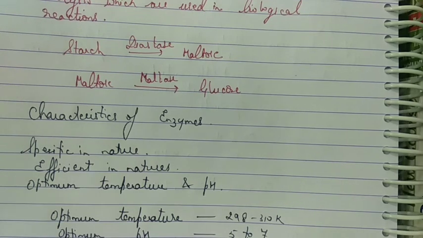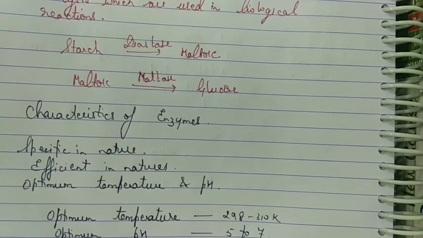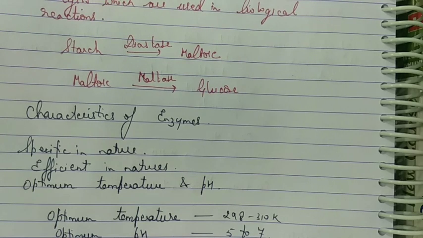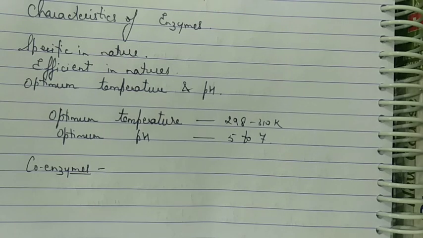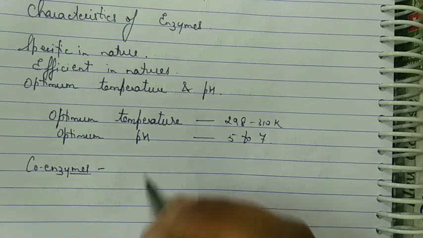The next characteristic is coenzymes. Now what are these coenzymes? These coenzymes are the substances which are used in a chemical reaction to increase the activity of certain enzymes. They are known as coenzymes.